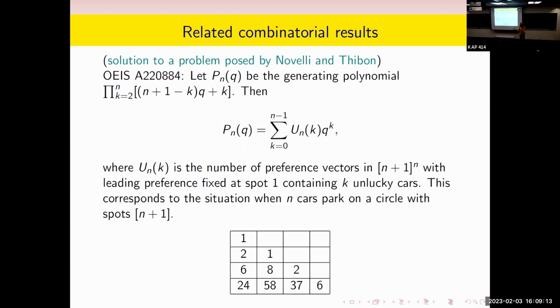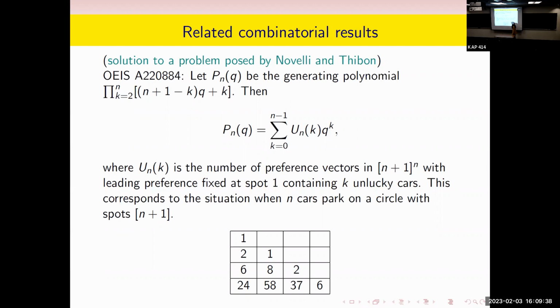So we find that for every K, we can write down all these numbers. So this means a parking function, for example, with 3 plus 1, 4 to the 3 parking preferences, and then you have 6A2 and so on.